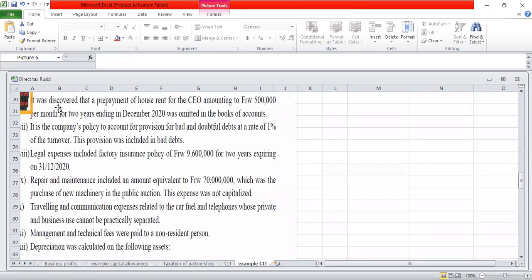It was discovered that a prepayment of house rent for the CEO amounting to this per month for 2 years ending this was omitted in the books of accounts. So the company is paying rent, but this was not recognized. It is the company's policy to account for provision for doubtful debt at a rate of 1% of the turnover. This provision was included in the bad debt, so that one is not allowed. Legal expenses include factory insurance policy of this for 2 years expiring, so there is a prepaid.